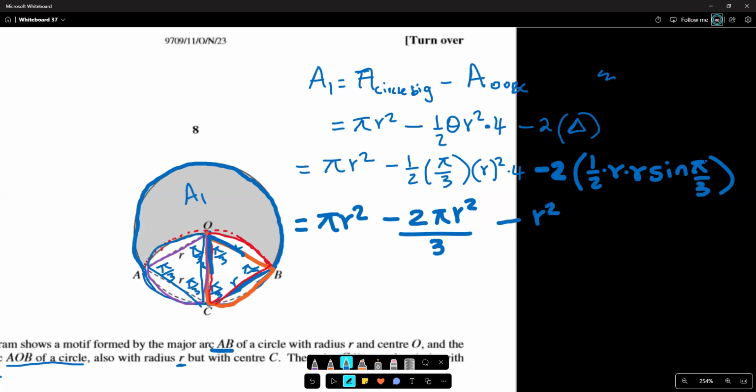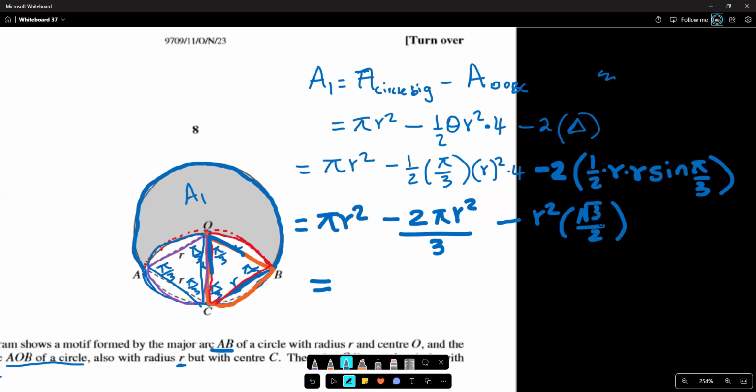Sine 60, remember this is 60, right? 180 divided by 360. We know that sine 60 is square root of 3 over 2. All right. And then what does this simplify to? Let's see. These two here are like terms, guys, because you have pi r squared, pi r squared.